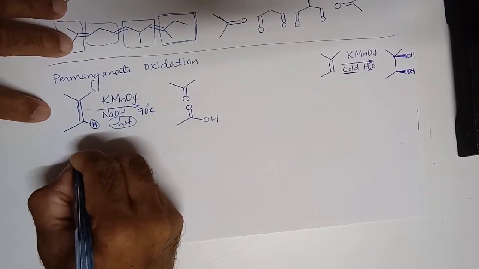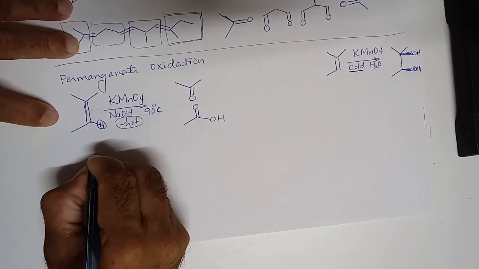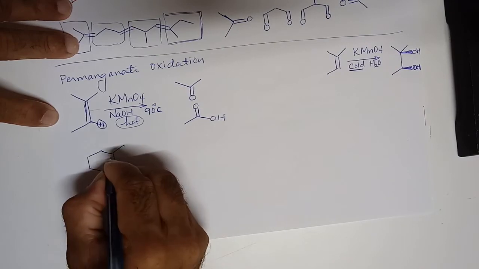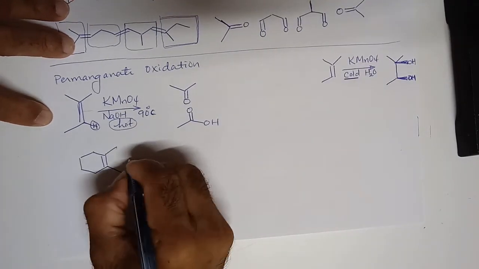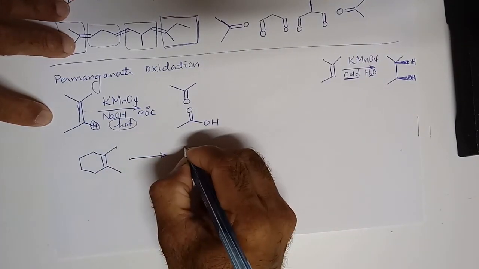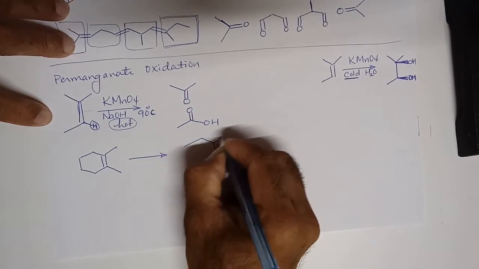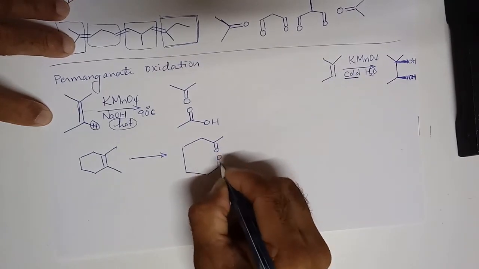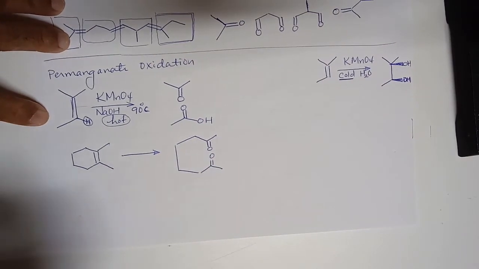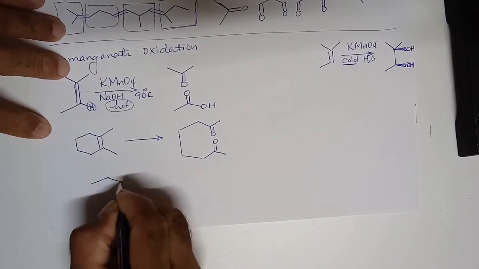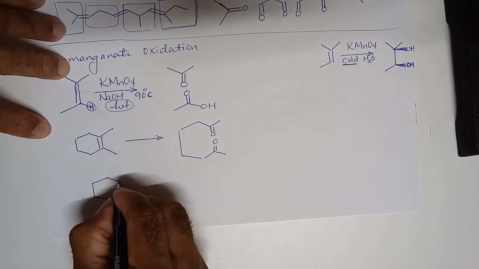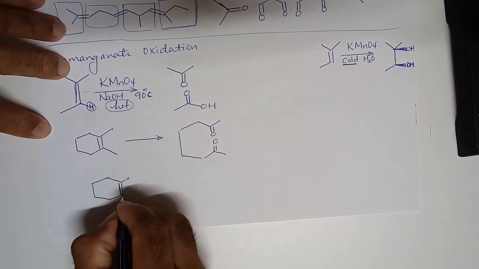Okay, so that means if I start with that, no problem, it's going to give you that. But if I start with this, but no methyl groups on it, that means there is a hydrogen here, there is a hydrogen here.